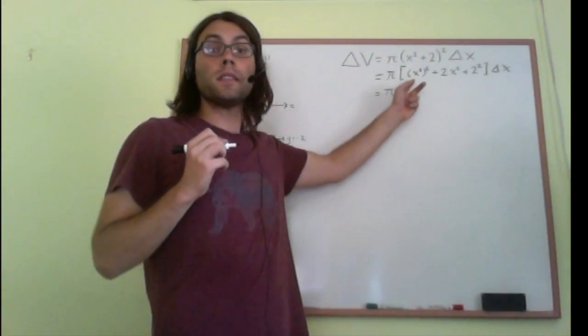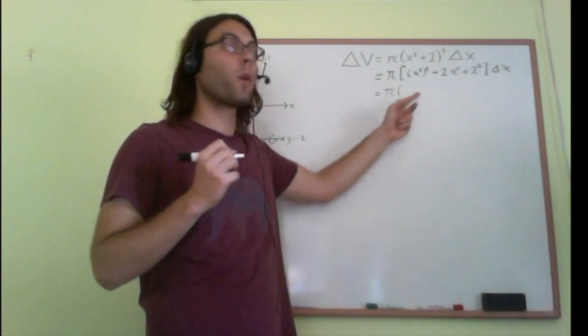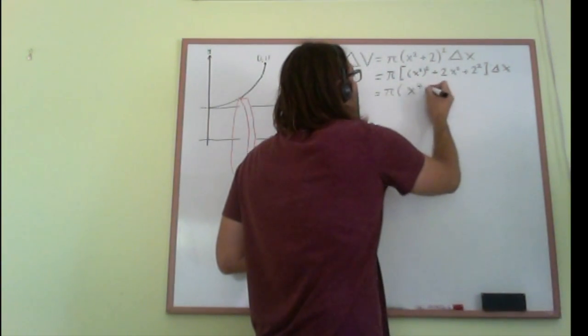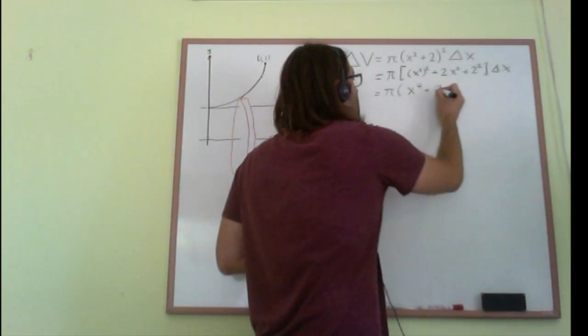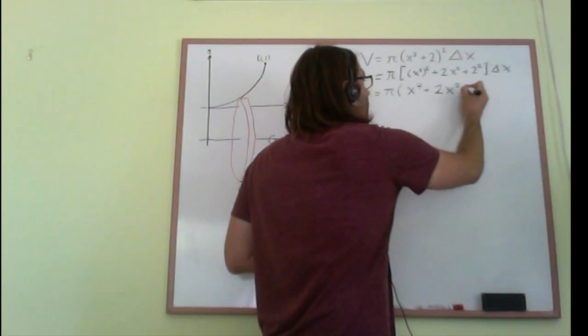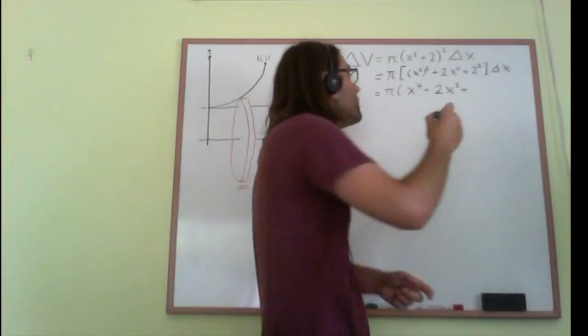X squared squared is the same as x to the 4th. 2x squared just comes right on down. And 2 squared is 4.